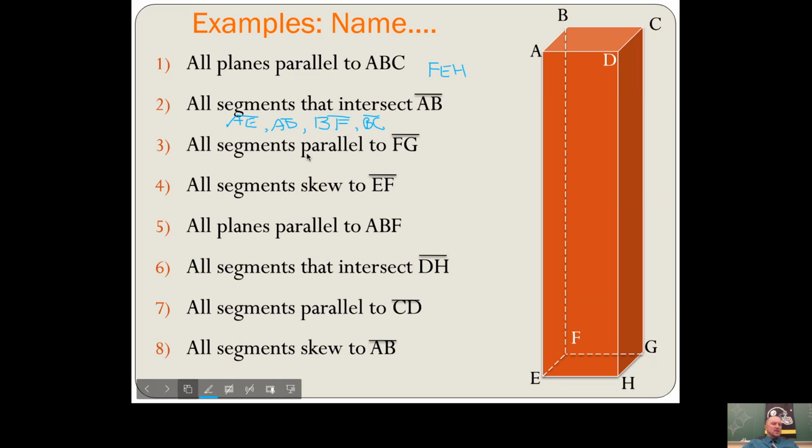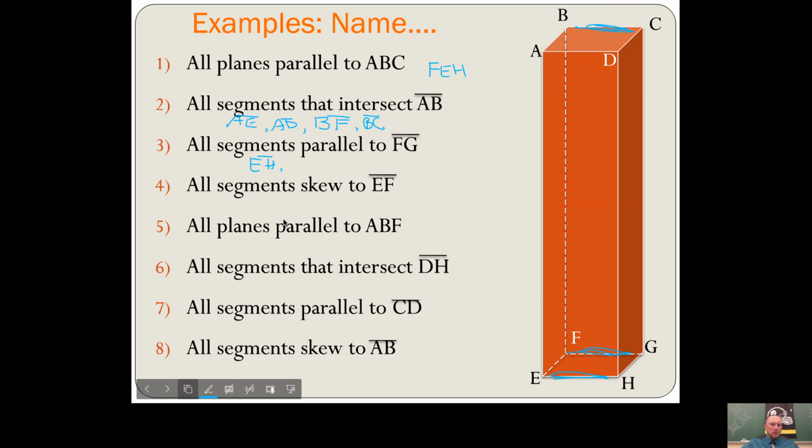Number 3, all segments that are parallel to segment FG. Segment EF is clearly parallel to it. EH, rather. They're in the same plane. They don't touch. Also, segment BC is on the same plane as segment FG.